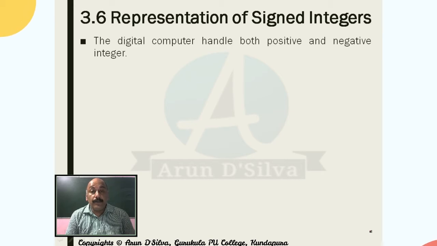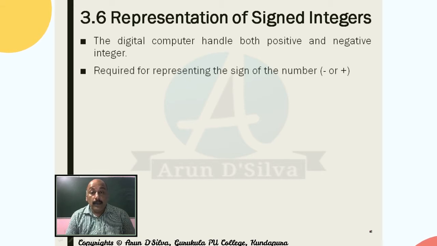The digital computer handles both positive and negative integers. As in day-to-day life, in all the number systems we are seeing, we require positive as well as negative numbers. So in the computer also, we need to maintain positive as well as negative numbers. So we require representing the sign of the number by using a negative sign or a positive sign.